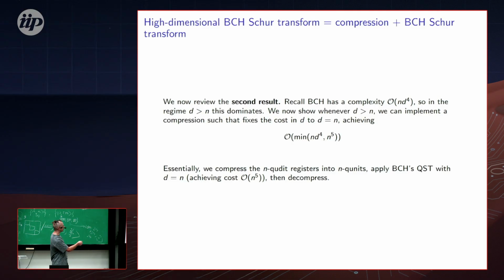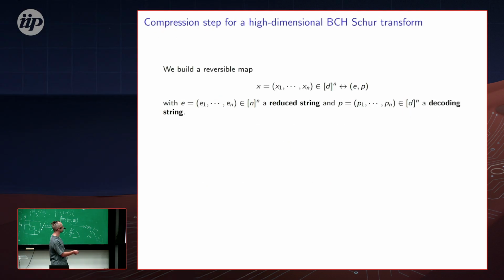Let me explain now. This is the idea, but let's see what I mean by compress. By compress, I mean we build a reversible map, a classical reversible circuit that will take a dit string X into a pair E, P, where E is a string of length n in a D-ary alphabet.